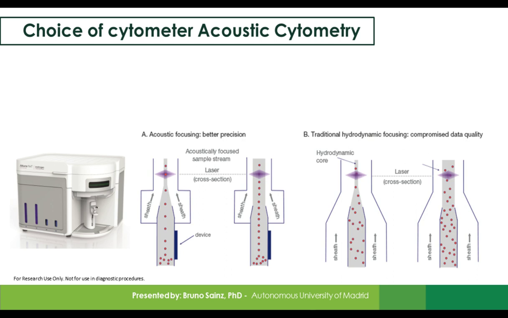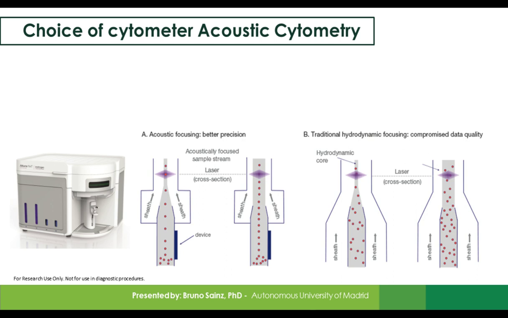Now, this tends not to be problematic if the population you're looking for is present in very high percentages, but when you're looking for a very rare small population of cells, this can reduce the precision or your ability to detect this very small population.